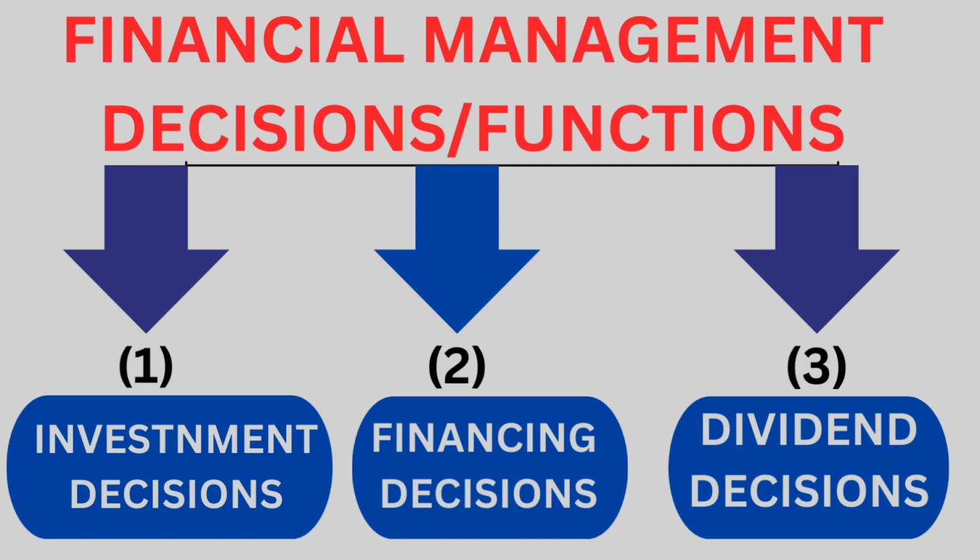The three major important decisions are: number 1, investment decision; number 2, financing decision; number 3, dividend decision. So these three are the major and important decisions which are to be taken by the financial manager to achieve the ultimate objective of the organization.